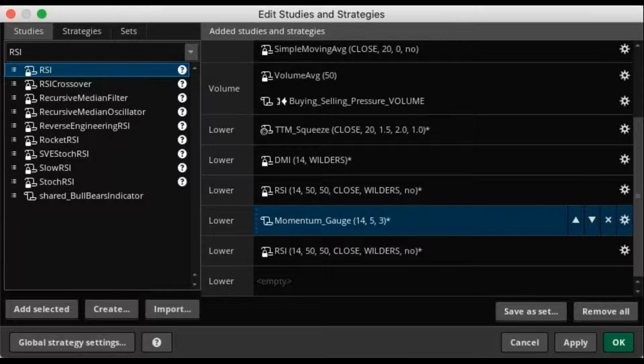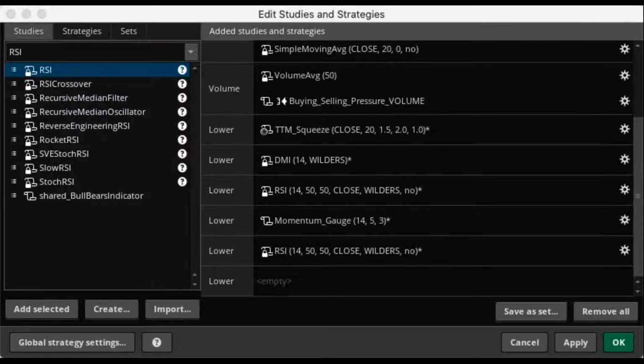Steve, I don't find the momentum gauge. Yeah, I'm gonna send it to you right now. So share, and then momentum. Momentum gauge. Share. Open link. It's not available in TOS.